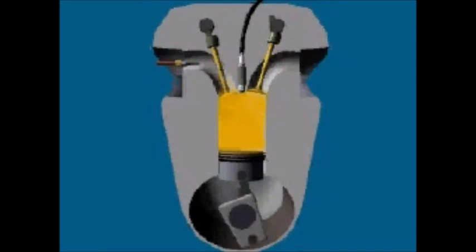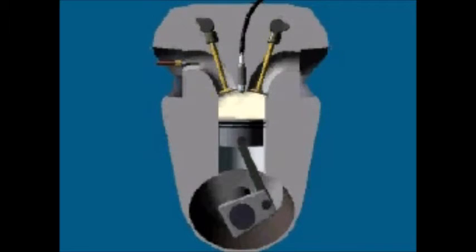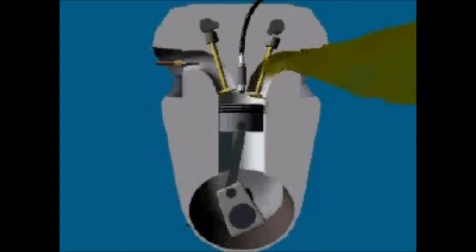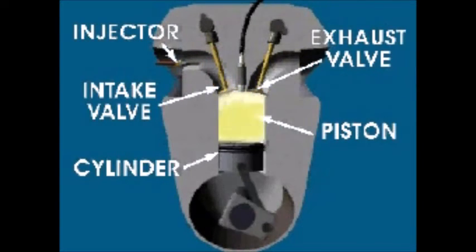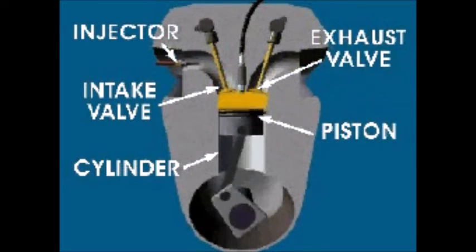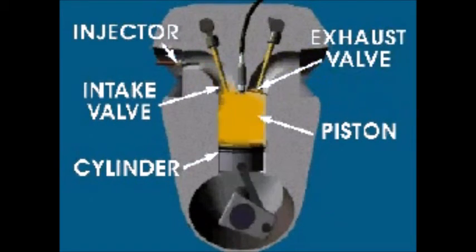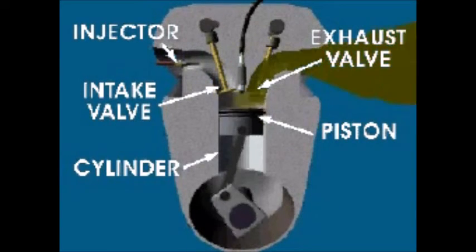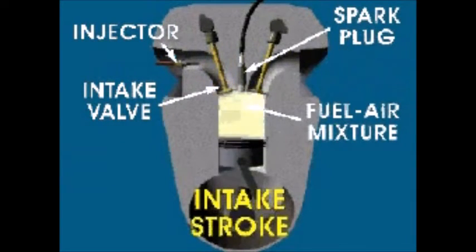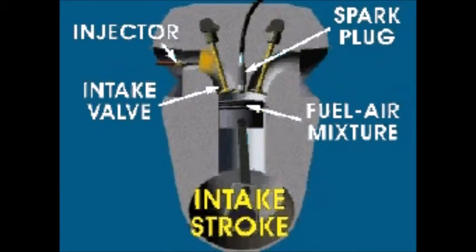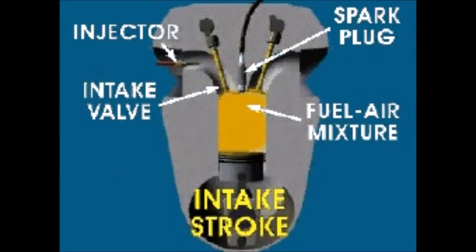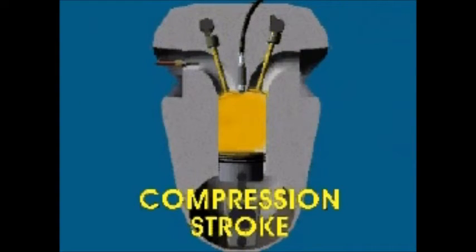The engines of most cars operate on a 4-stroke cycle. During the 4 strokes of this cycle, a piston moves down and up inside a cylinder. Valves help control the flow of fuel and air into the engine, and the flow of exhaust out of the engine. The first stroke of the cycle begins with the intake stroke. In this stroke, the intake valve is open and the exhaust valve is closed. The piston moves down the cylinder, drawing in a fuel-air mixture. In the second stroke, called the compression stroke, both valves are closed.